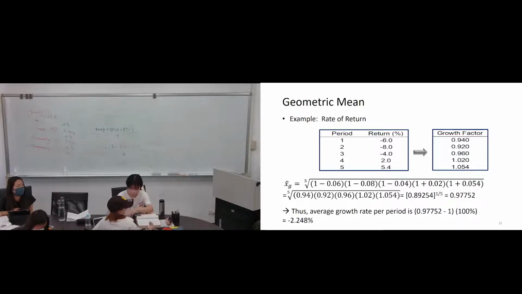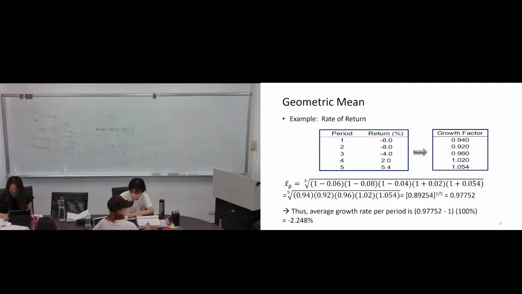So given the rate of return for a particular asset, in period 1, the rate of return is negative 6%. That makes the growth factor 0.94. Period 2, minus 8%. The growth factor is 0.92. Period 3, rate of return negative 4%.